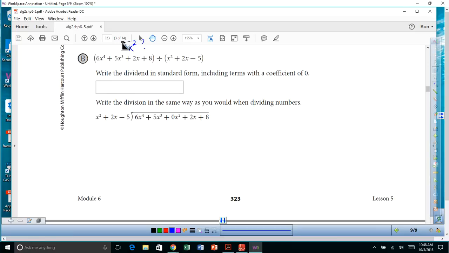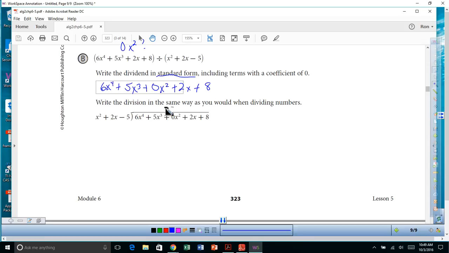And to do that, you just multiply it by 0. 0x squared is 0, so you're not really adding any value to it. So we're going to write it in standard form. And that would be 6x to the 4th plus 5x cubed plus 0x squared plus 2x plus 8. So now it's in standard form because you have 4th, 3, 2, 1, and the constant.